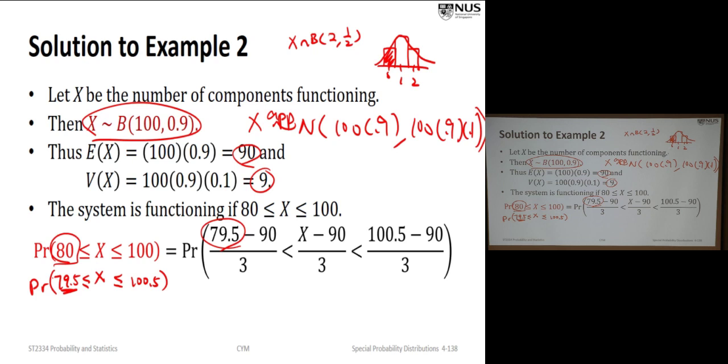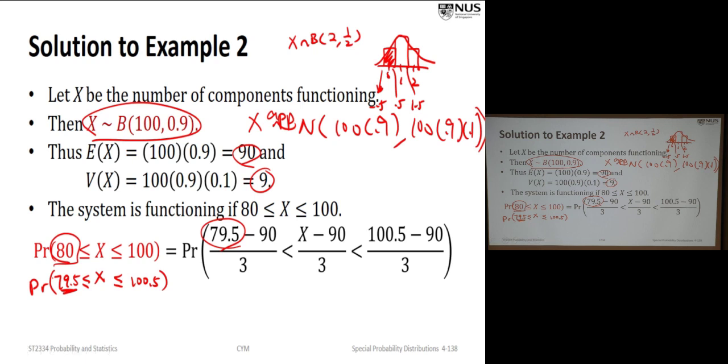So that's why it's between minus 0.5 and 0.5. And for x equal to 1, it lies between 0.5 and 1.5, if you treat it as a continuous random variable. So that's the reason behind all this correction.